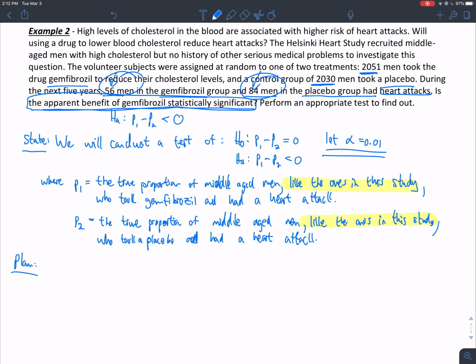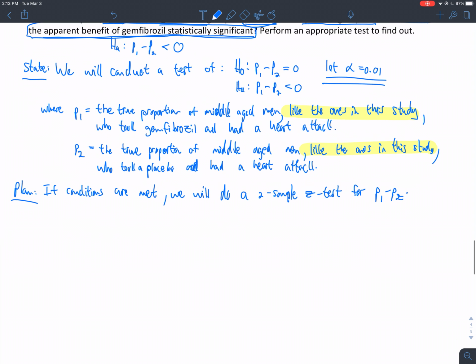All right, so then plan: if conditions are met, we will do a 2-sample z-test for P1 minus P2. Okay? And then we do random. Now, this is different.